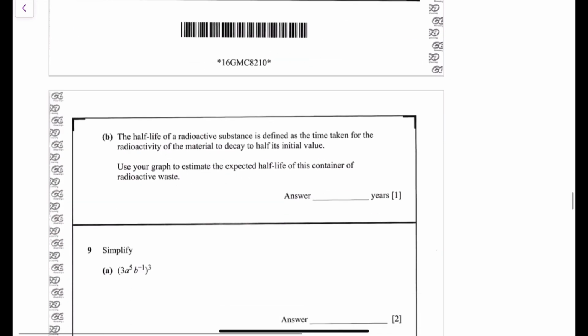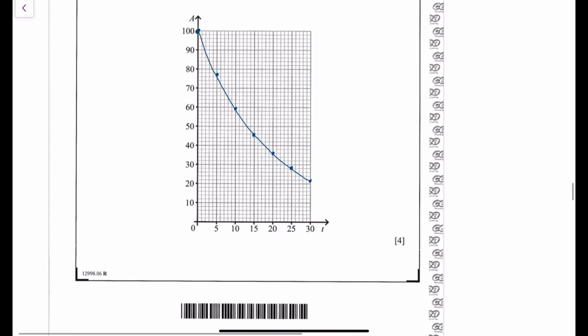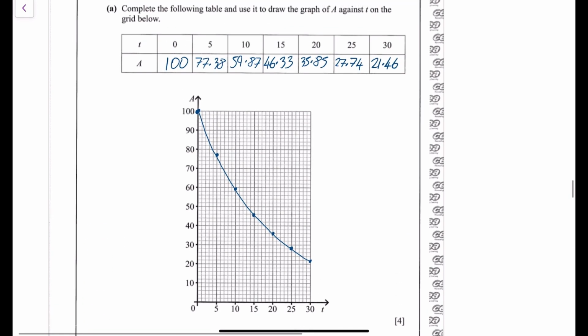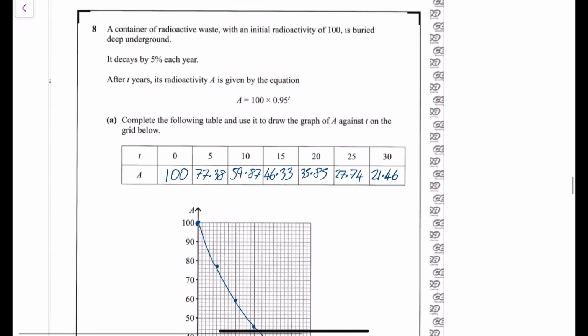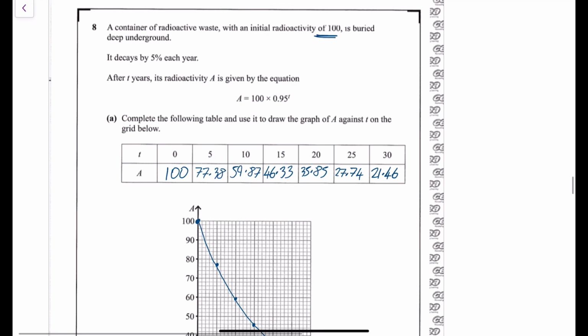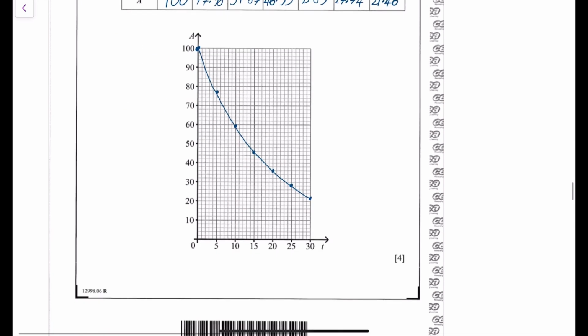Next thing it says, the half-life of a radioactive substance is defined as the time taken for the radioactivity of the material to decay to half of its initial value. Use your graph to estimate the expected half-life of this container of radioactive waste. So if you remember, the initial amount of radioactivity was 100. That means you're going to go across at 50.